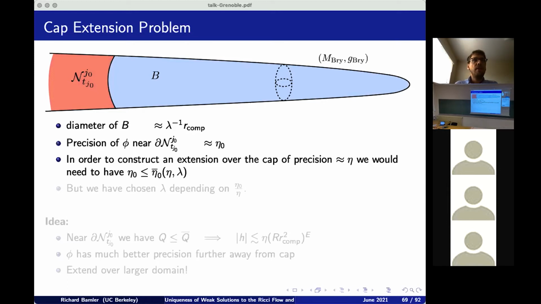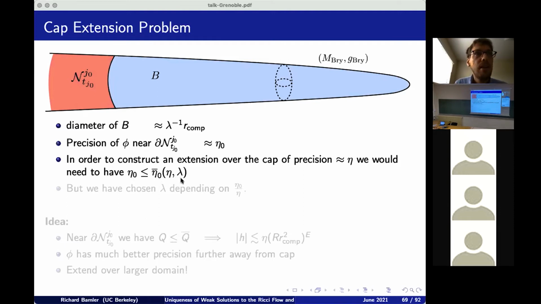Just to state this in mathematical terms: in order to extend over something that is roughly of size lambda inverse, we will have to choose the precision of the almost isometry that we're starting with to be very, very good. If we want to obtain a precision of lambda later, and the diameter of B is given by lambda inverse, then eta naught, the precision that we're starting with, has to be very, very small depending on these two parameters.